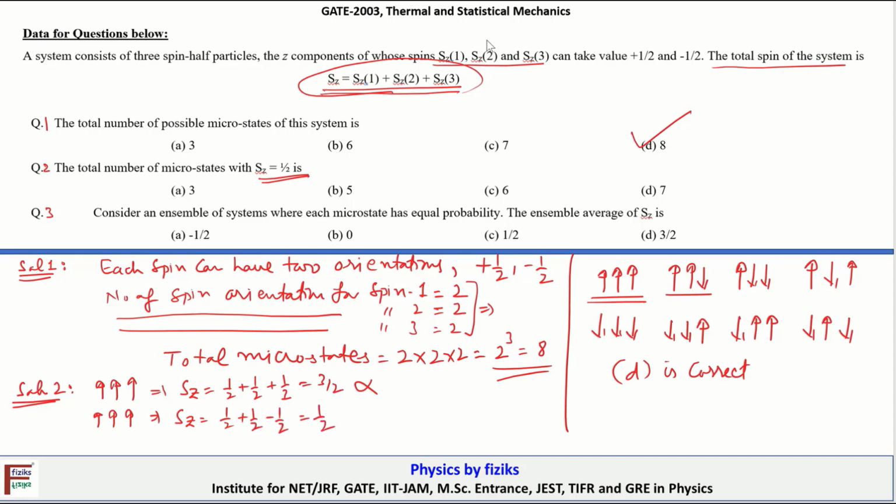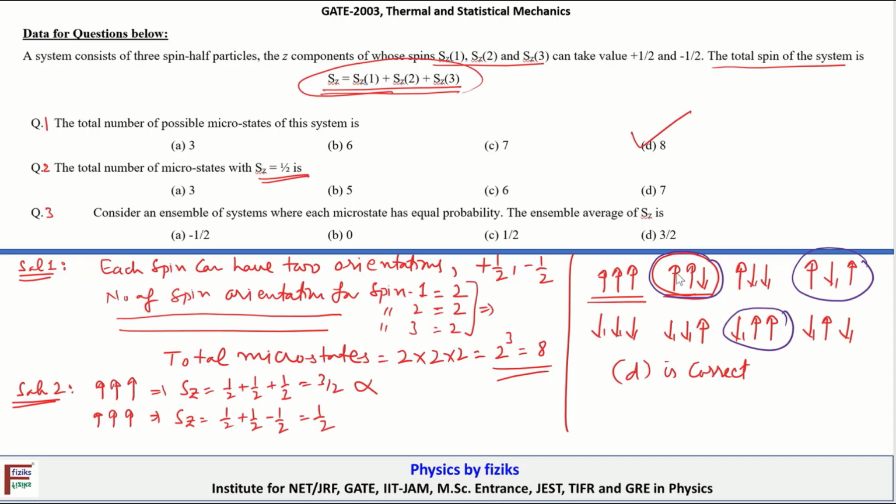which is equal to 1 by 2. So now we have to look for the configurations where 2 spins are pointing in the upward direction. This is one such configuration for which Sz is equal to 1 by 2. This will also give Sz equal to 1 by 2, with 2 up and 1 down. So this is the third one.